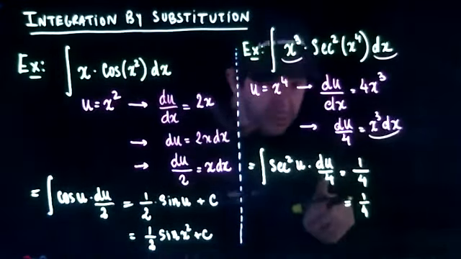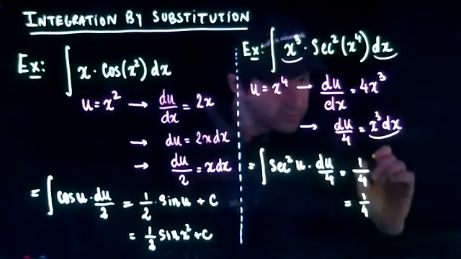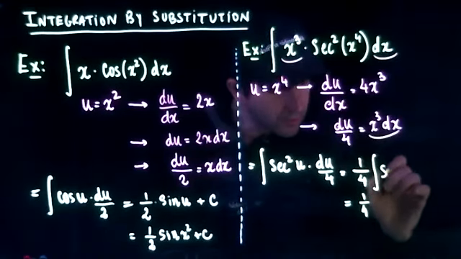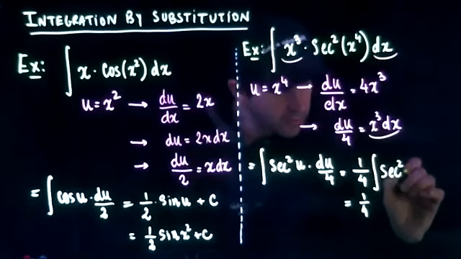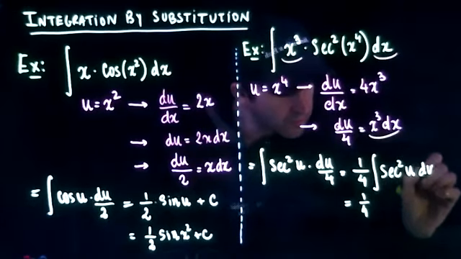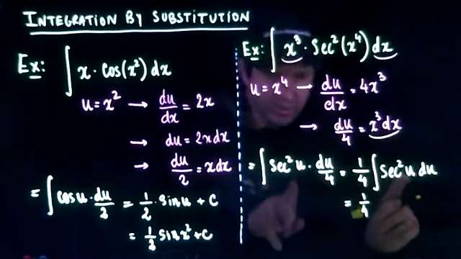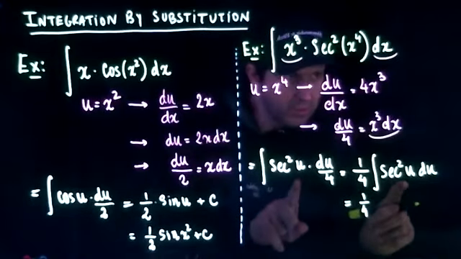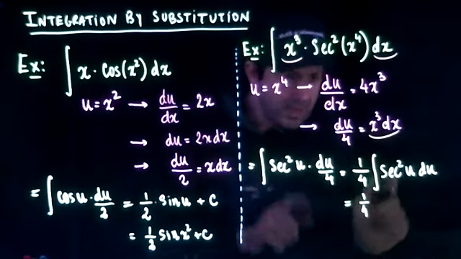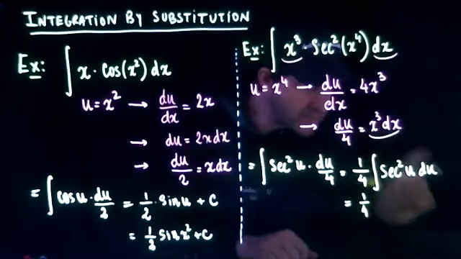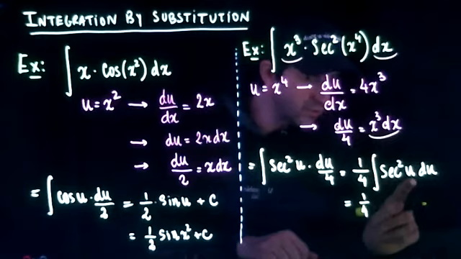So I'm just pulling out a 1/4 here. It's 1/4 times the integral of secant squared u du. Do you understand this from here to here? Yes, sir. I just pulled out a quarter, and now I just have a very easy integral. The integral of secant squared, I know it's tangent.